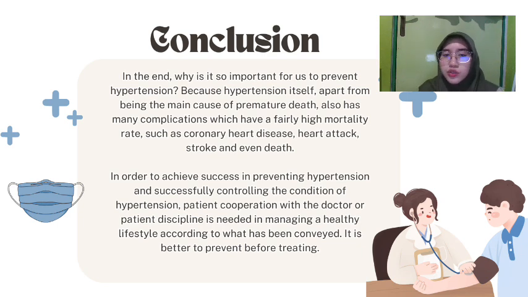In order to achieve success in preventing hypertension and successfully controlling the condition of hypertension, patients should cooperate with the doctor, and patient discipline is needed in managing a healthy lifestyle according to what has been conveyed. And it is better to prevent before treating.